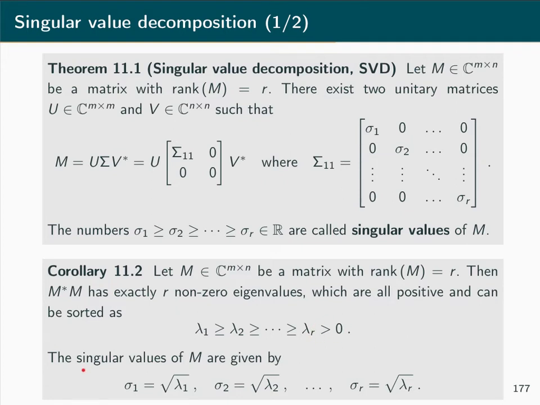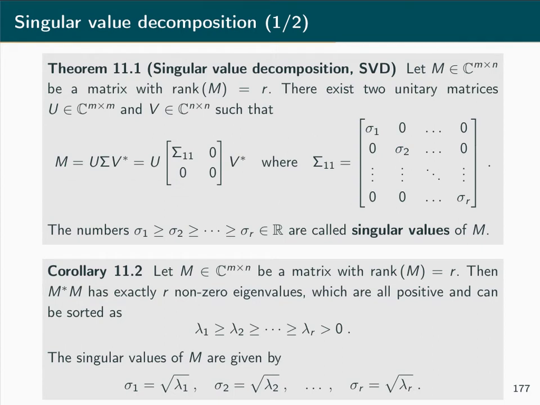Then the singular values of M are given by the square roots of these eigenvalues. So sigma 1 is equal to the square root of lambda 1, sigma 2 is equal to the square root of lambda 2, and up to sigma r being equal to the square root of lambda r.